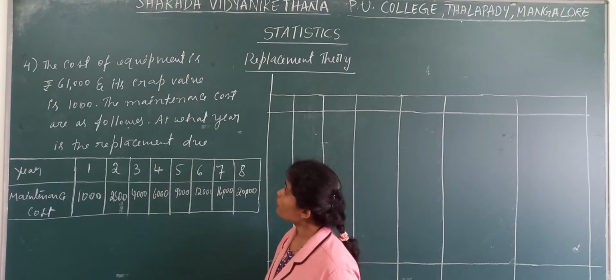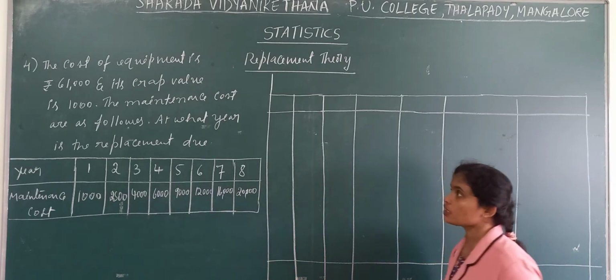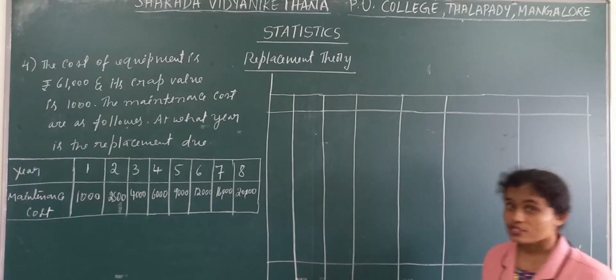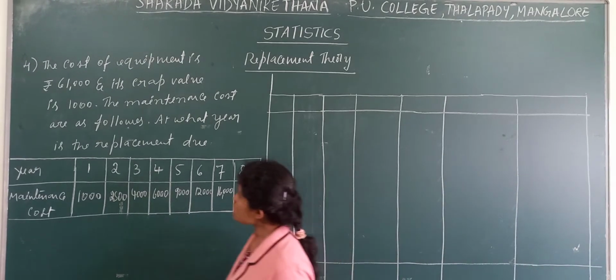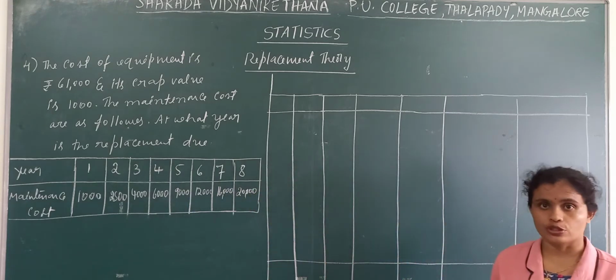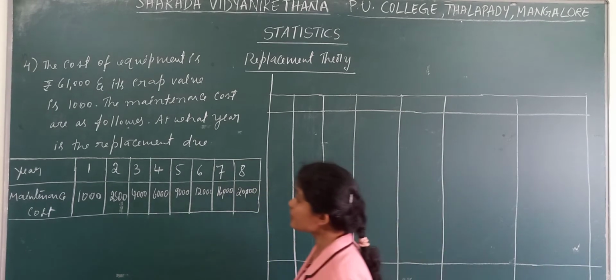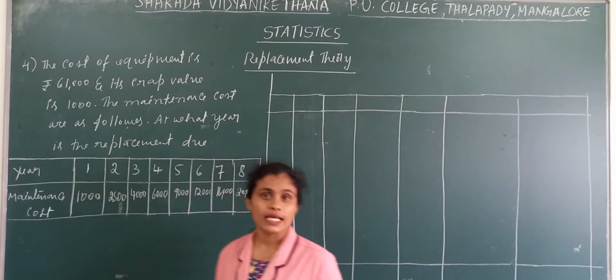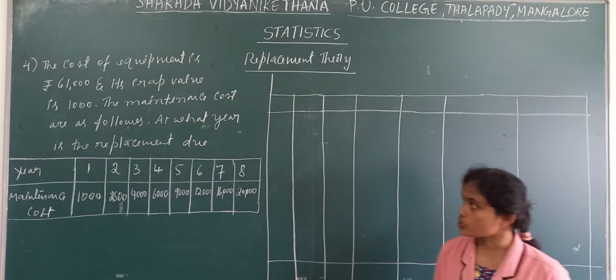The cost of equipment is rupees 61,000 and its scrap value is rupees 1,000. The maintenance costs are as follows. At which year is the replacement due? Now, see here, maintenance cost, that is operating cost, is given.